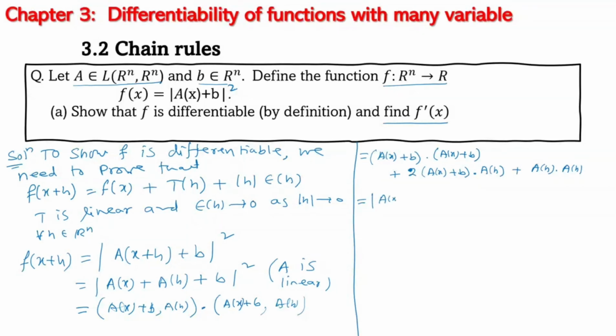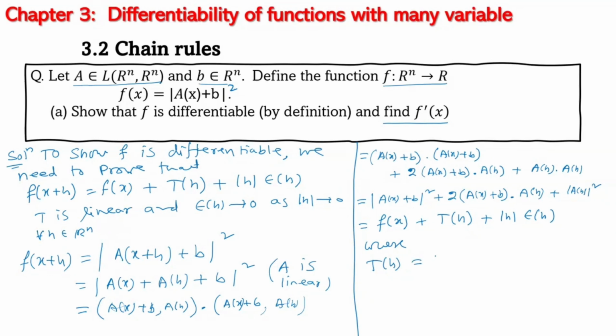So this is the absolute value of ax plus b whole squared, plus 2 (ax plus b) dot ah, plus the norm of ah whole squared. The first is the given function f of x, the middle we denote as t h, and the last we write as absolute value of h epsilon h, where t h is equal to 2 (ax plus b) dot ah, and epsilon h is equal to mod of ah whole squared over absolute value of h.